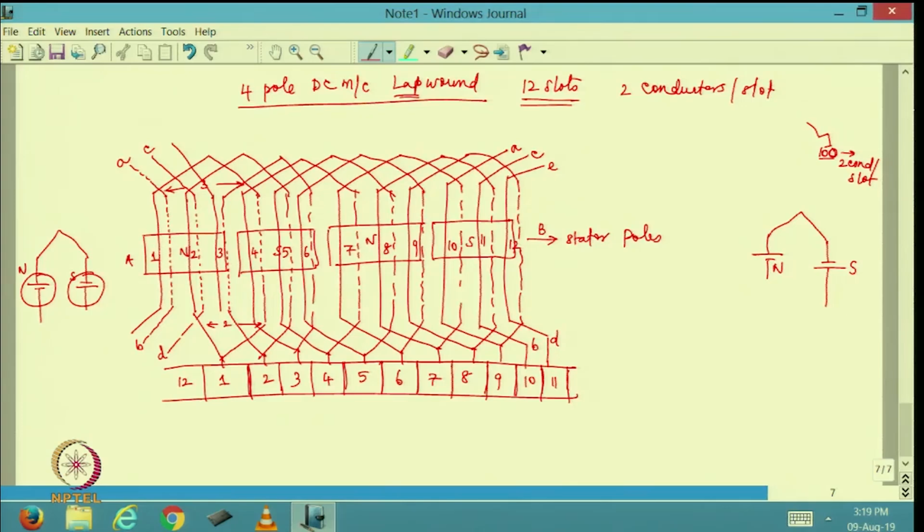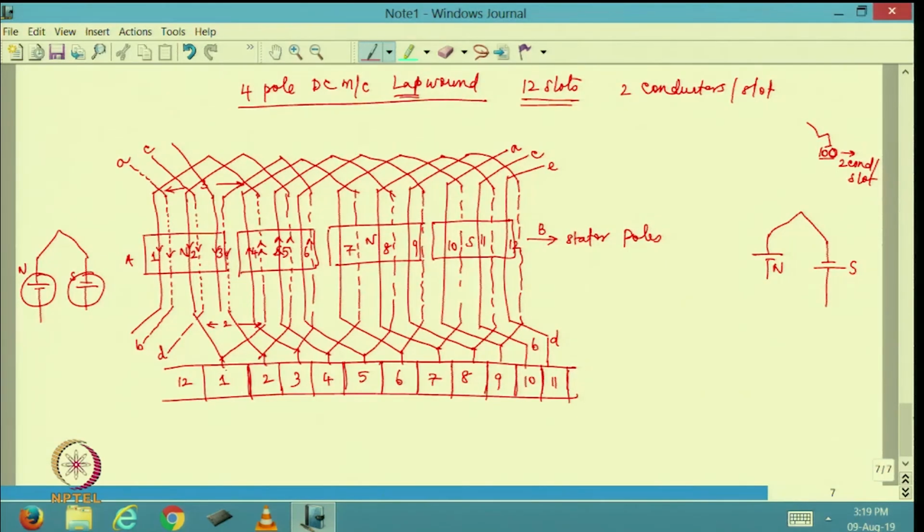Now if I assume that all the currents in North Pole are actually coming this way and all the currents in the South Pole will be going upward like this, right. So you will have 6 conductors carrying current upward, 6 conductors carrying current downward.